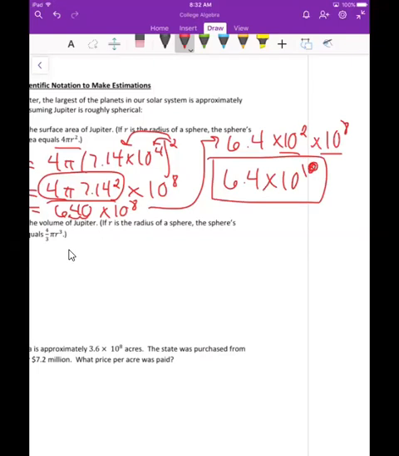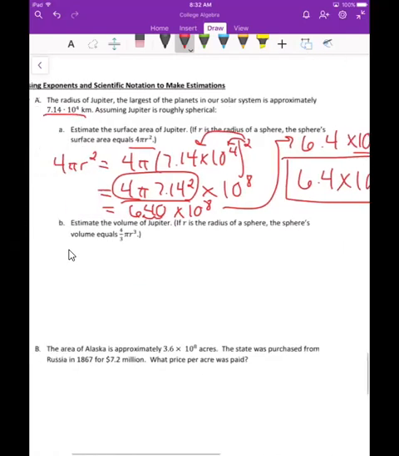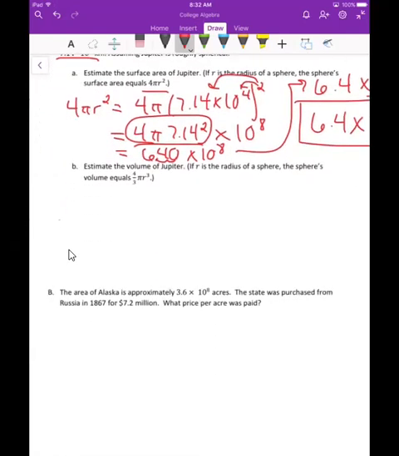Okay, and in this particular case, we took kilometers and squared it. We have surface area, so we have kilometers squared. So see if you can do that to estimate the volume of Jupiter using the volume formula for a sphere. You should again have 4/3 pi times that 7.14 times 10 to the 4th, and this time it's going to get cubed.